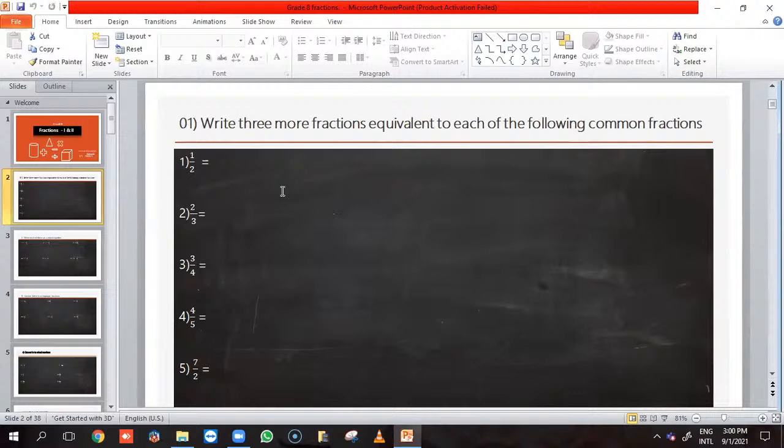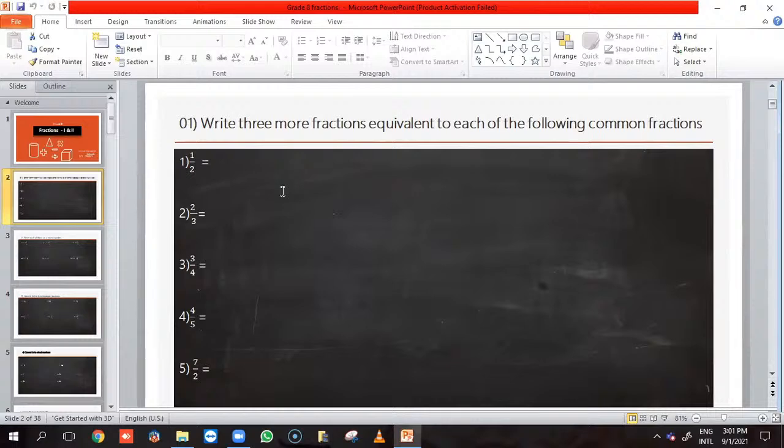If both numerator and denominator are divisible, we can divide by the same number and get equivalent fractions. A fraction equivalent to a given fraction can be obtained by multiplying the numerator and denominator of the fraction by the same non-zero number, and it can also be obtained by dividing the numerator and denominator by a non-zero common factor of the numerator and the denominator.